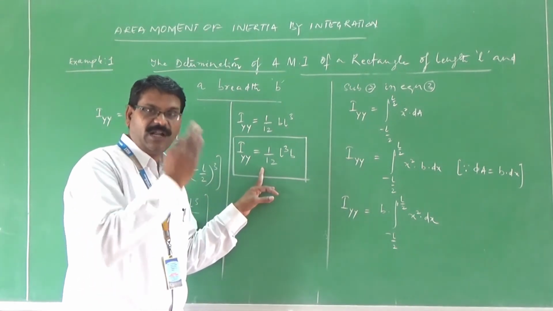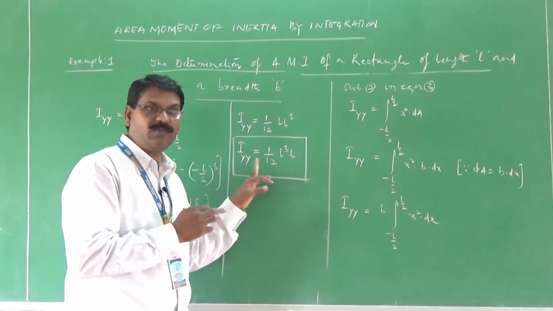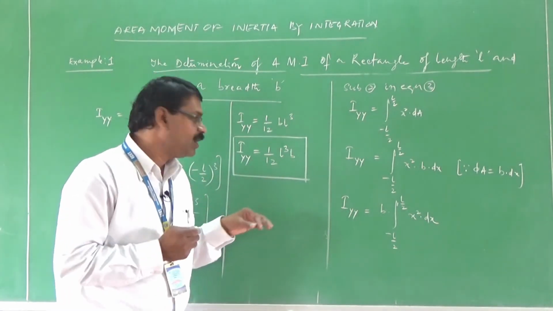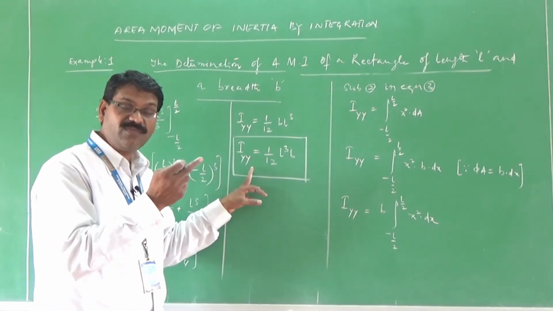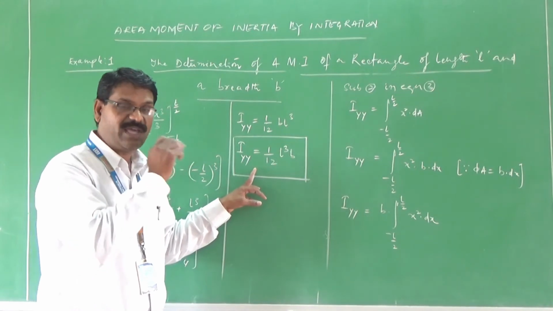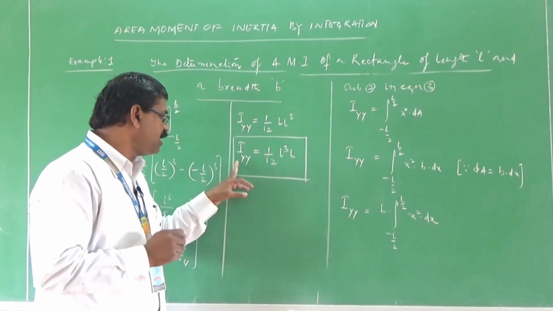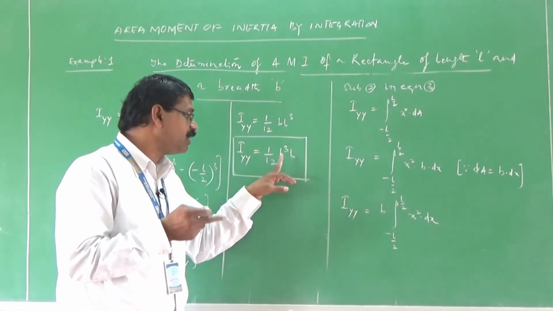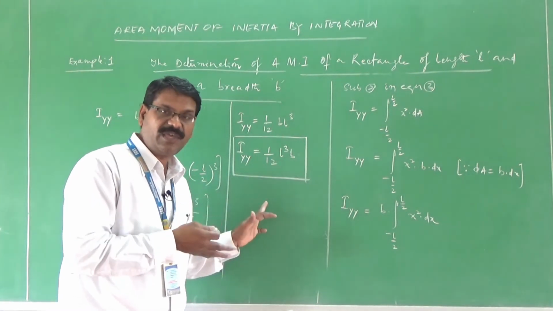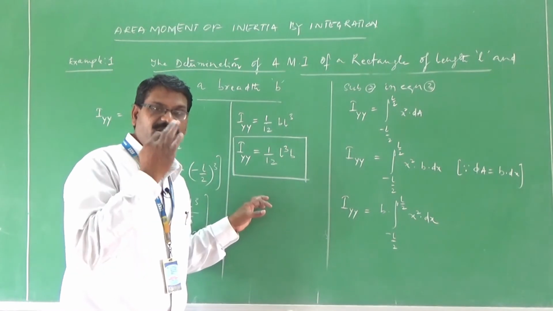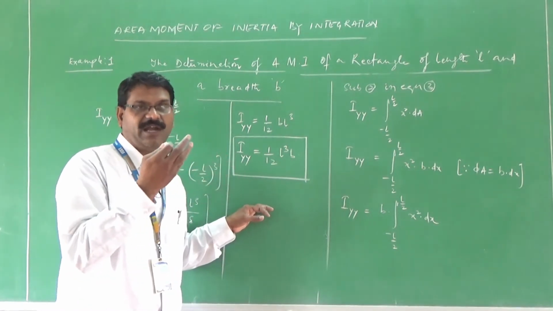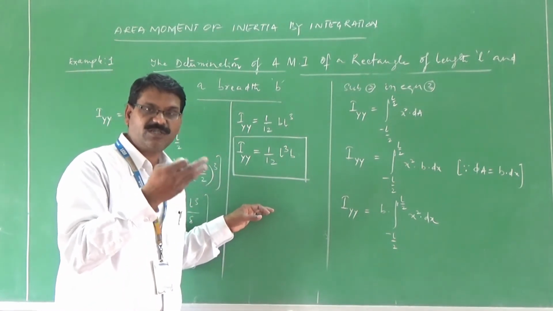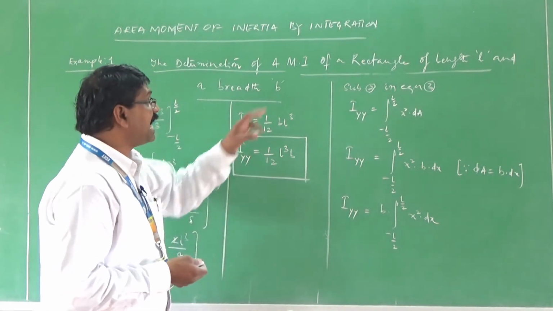In the determination of I_x, we got I_x is equal to 1 by 12 L B cube, and for the area moment of inertia with respect to y axis, I_y is equal to 1 by 12 L cube B. In this way, we have found I_x and I_y for a specimen called a rectangle.